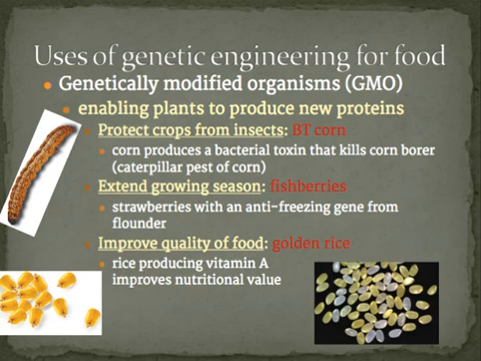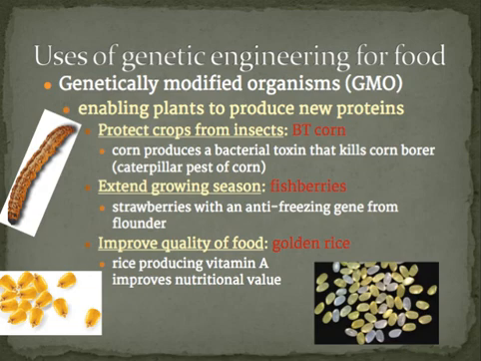Beta-carotene is used in your body to make vitamin A. Currently, about 70% of children under the age of 5 in Southeast Asia are deficient in vitamin A. That leads to vision impairment and increased disease rates. So by perfecting this golden rice and making it readily available, we could see an improvement in the nutritional value of rice in Southeast Asia.